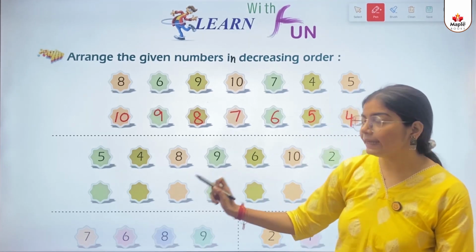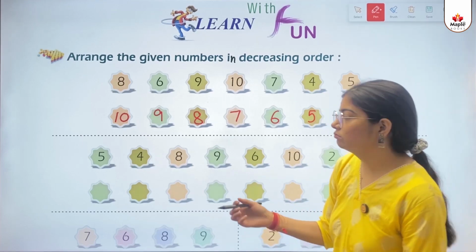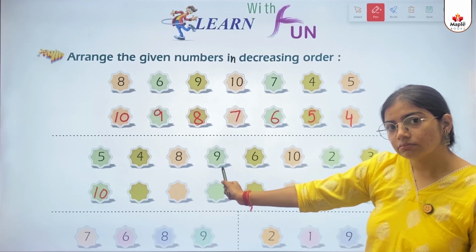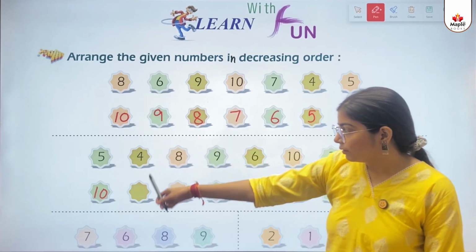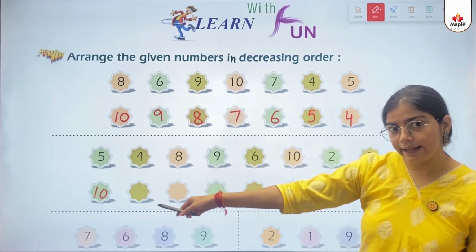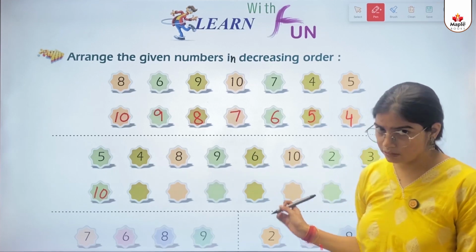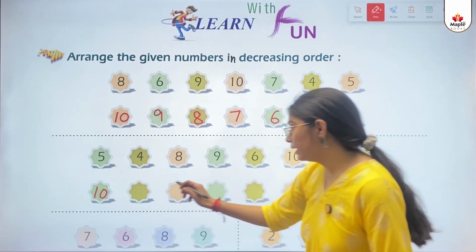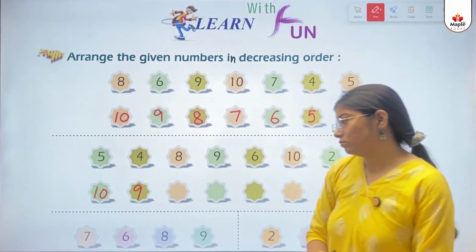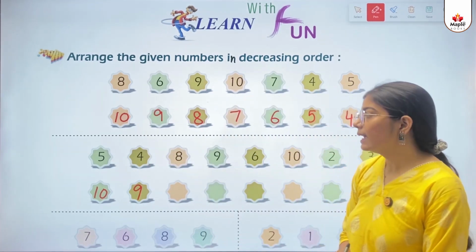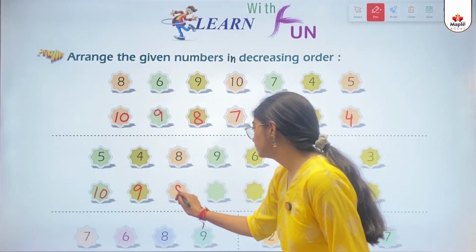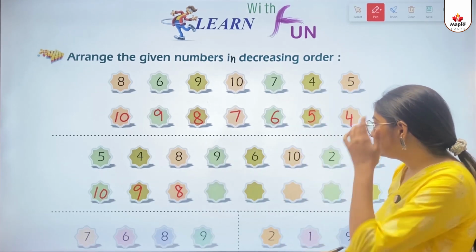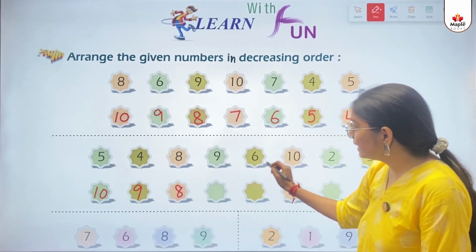So we will write 10 first. 9 is next, meaning it is smaller than 10 but greater than the others. We can also call this the smaller number. So we will write here 9. Then after 9, 8. Then after 8, there is 6.